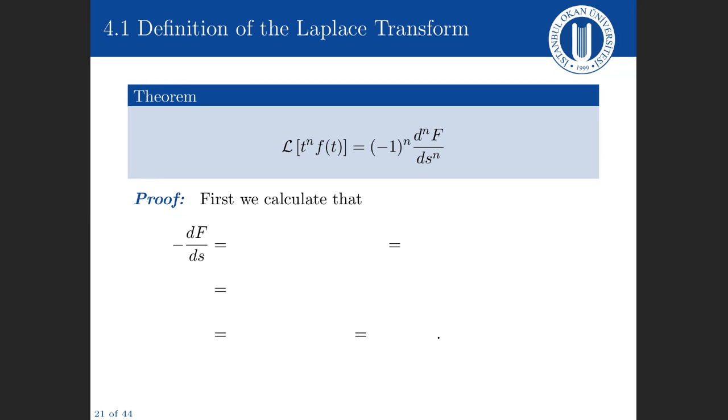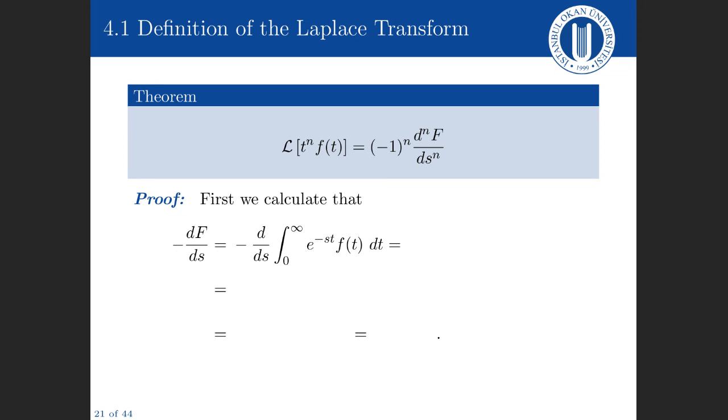First of all, I'm going to prove that it's true if n is equal to 1. So I'm going to start with the right side, but putting n equal to 1 in. So minus 1 to the power 1 times the first derivative of capital F. That's minus the derivative of the Laplace transform of f.